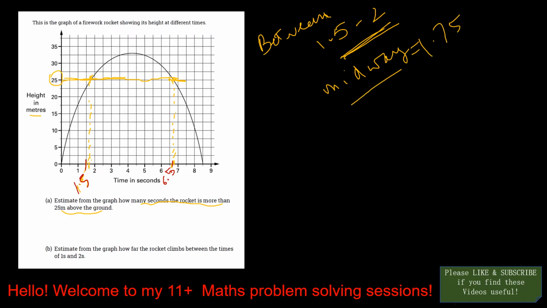If you work out the middle point of 1.5 to 2, you get 1.75.